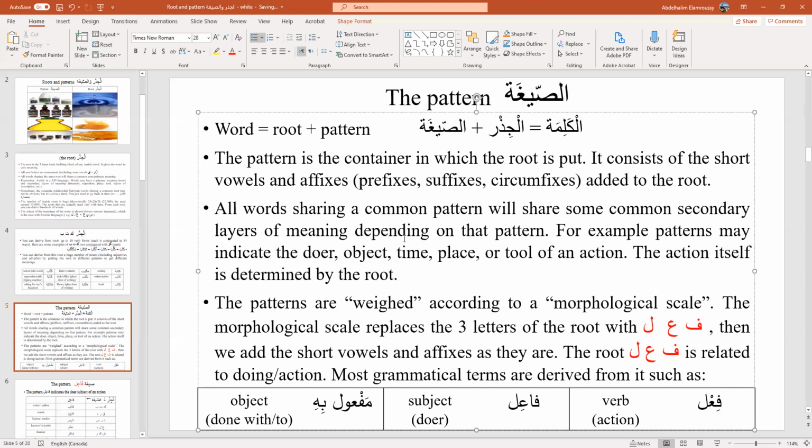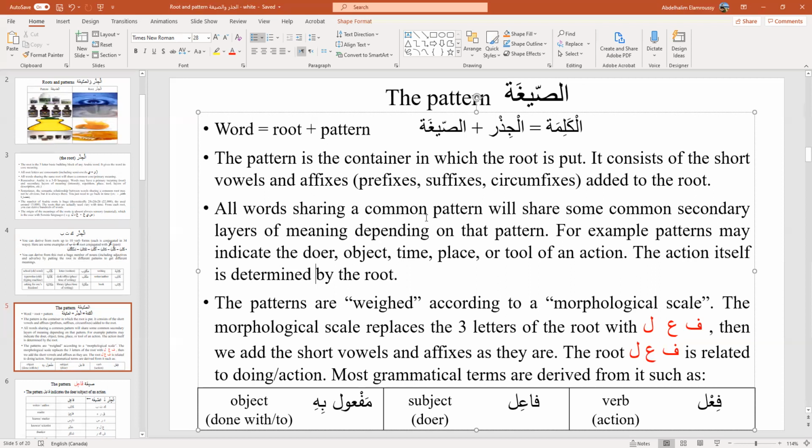Again, just to review the root: all words sharing a common root will share a common primary meaning, or a common core meaning. And all words sharing a common pattern will share common secondary layers of meaning.